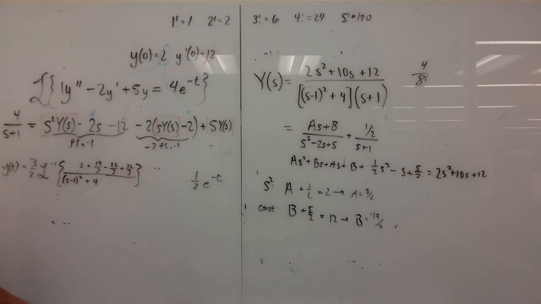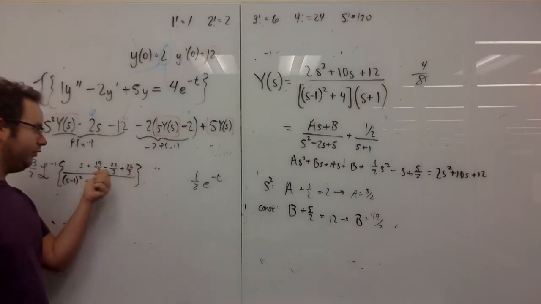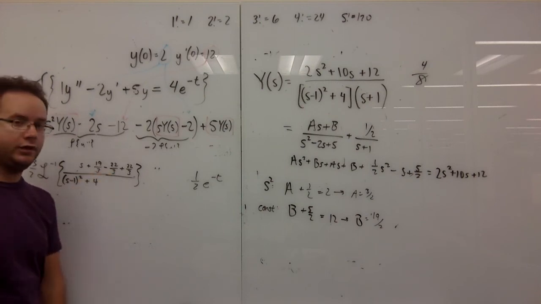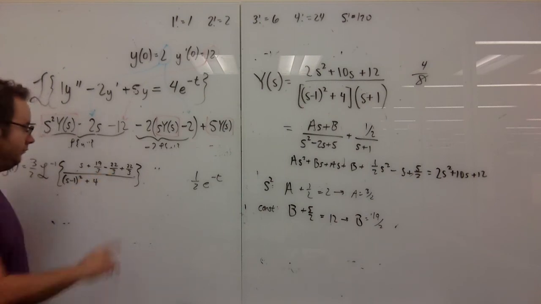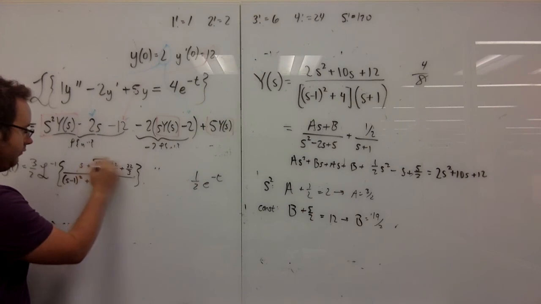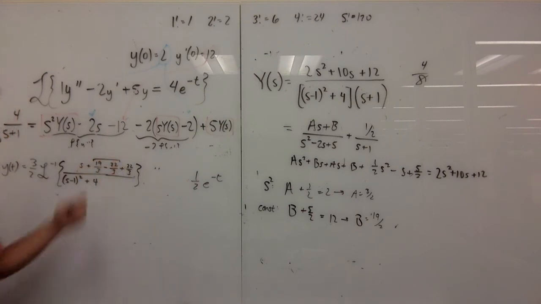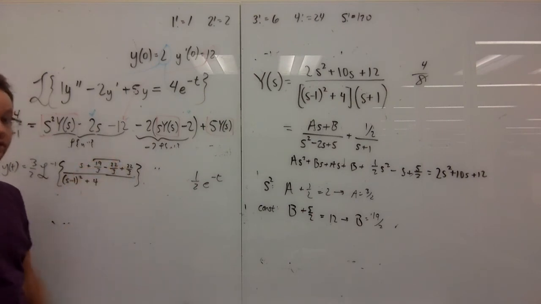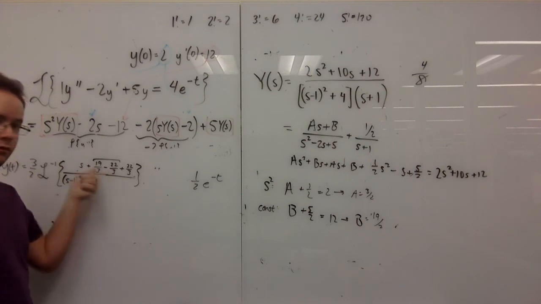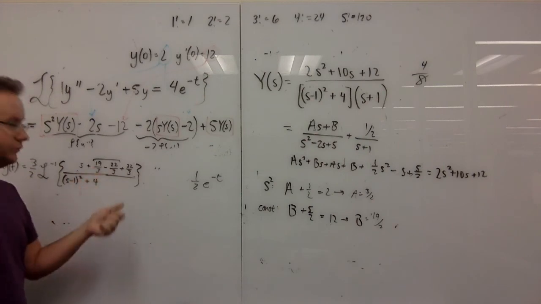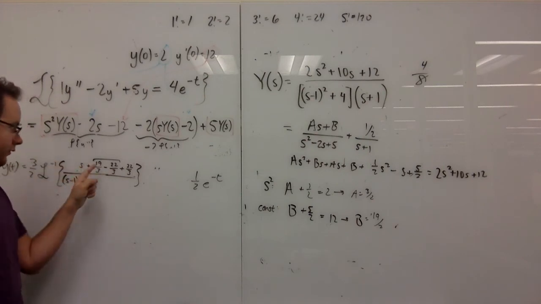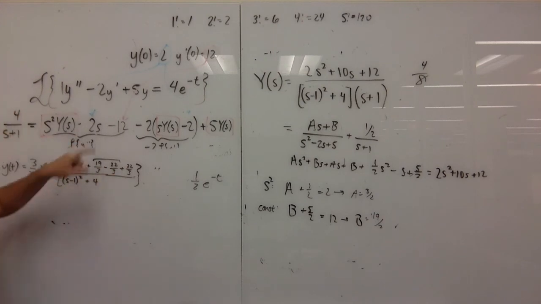Why that magic number 22 over 3? Because what's 19 over 3 minus 22 over 3? What's 19 minus 22? It's not 1, but negative 3 over 3. I want you to say the negative. Okay, 19 minus 22, negative 3, so negative 1. That's what I want, right? I see the s minus 1 here.